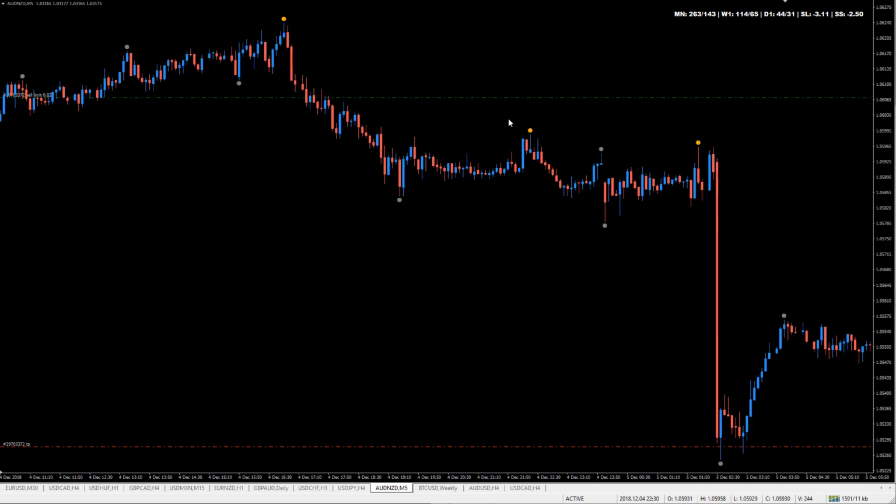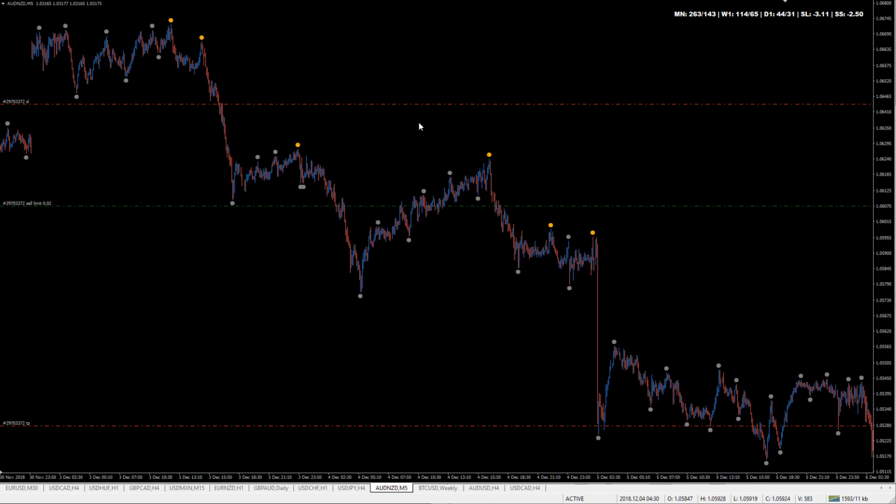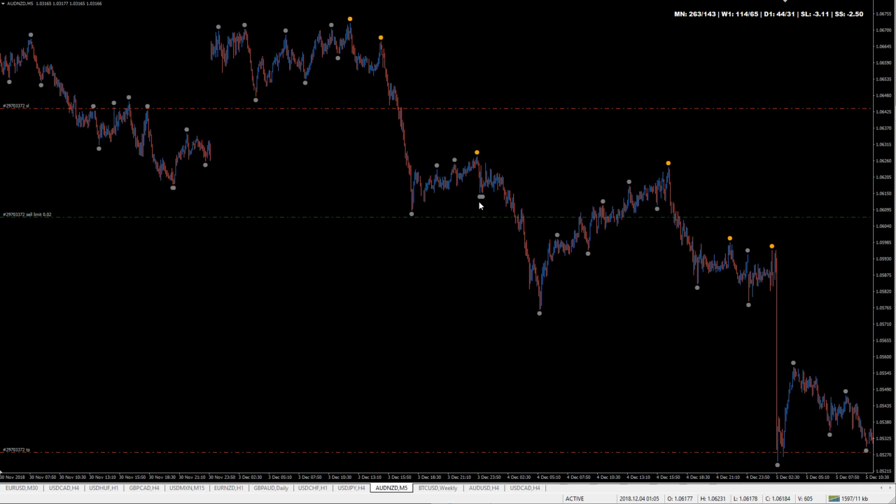You can see that, let me zoom out. The drop occurred from here, but looking at this, you can see all those candles moving lower. I don't like that, but what I do like is this.